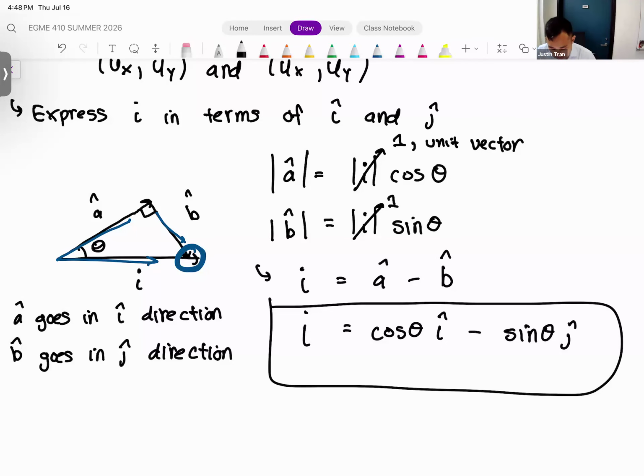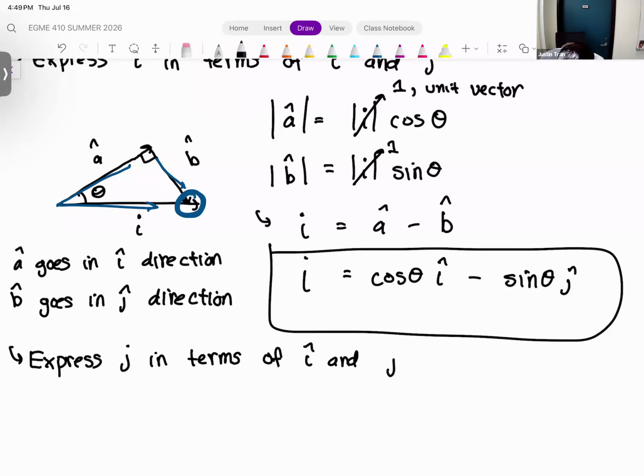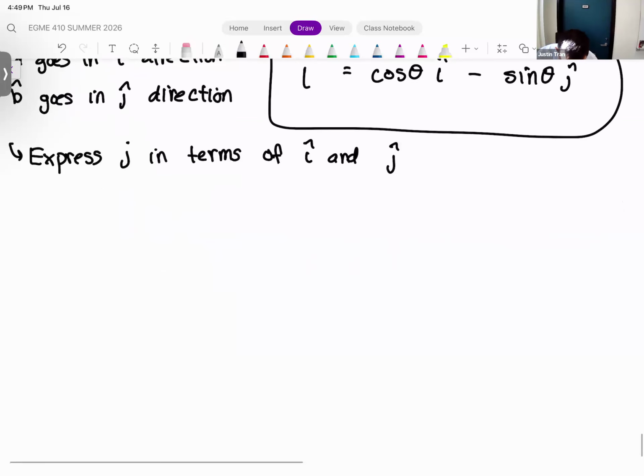Let's do the same thing with the J vector. We're going to express the J vector in terms of I hat and J hat. So let's start the same way and draw the J vector. The J vector is a vertical vector because it's going in the stationary Y direction.